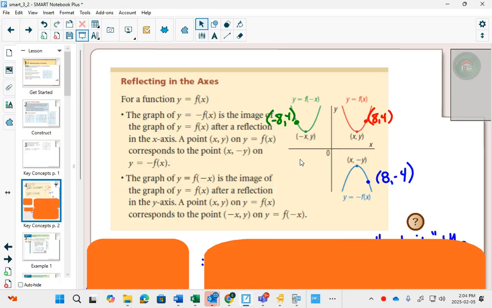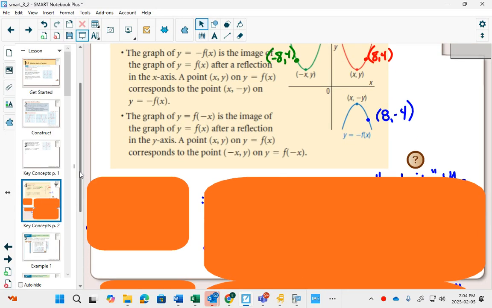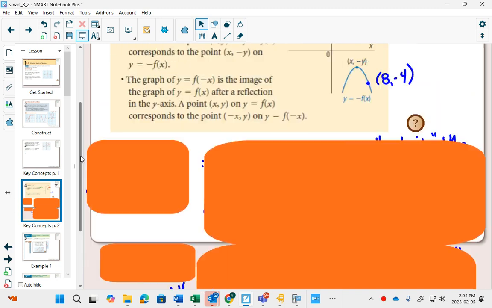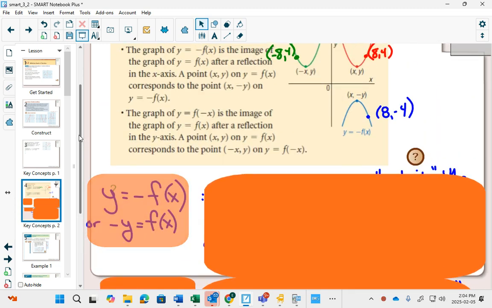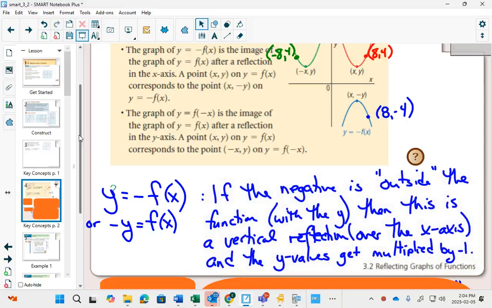So labeling those points helps us see, with a specific example, what's happening to a point. And what I'd like you to do in the space beside, we're going to have two things that we're going to write down. You can write this one first. If the negative is outside, and sometimes it's there, and sometimes they put it with the y, that is a vertical reflection over the x-axis.